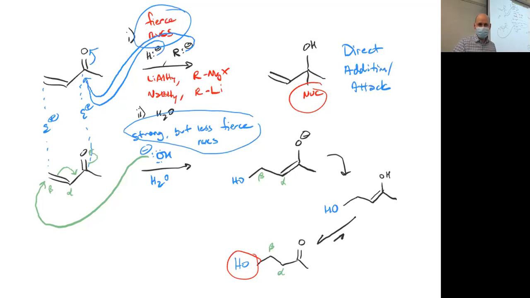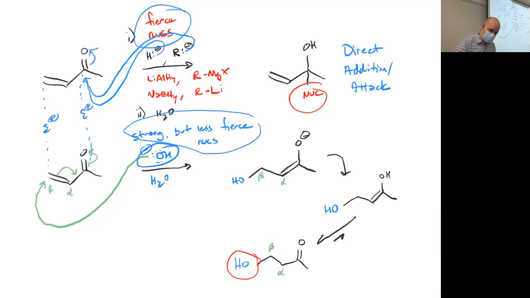So again, putting these into two camps, your H- and your C- of your lithium aluminum hydride and sodium borohydride for your H-, your Grignard or your alkyl lithium for your R-, these guys will directly attack a carbonyl either by itself or the carbonyl of an enone. However, if you do have an enone, all of your other nucleophiles, of which I'll make a list here.